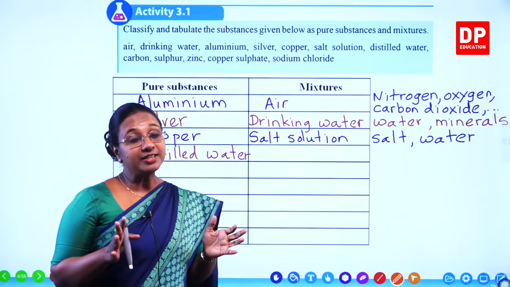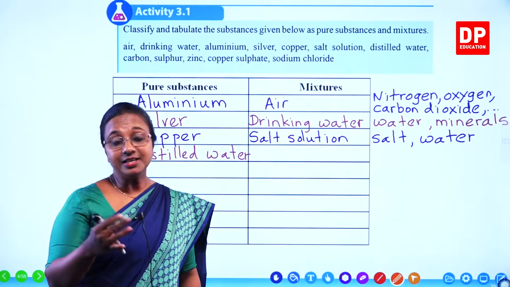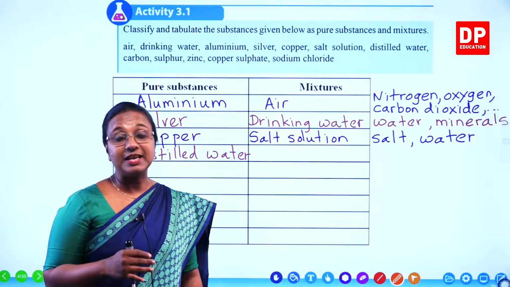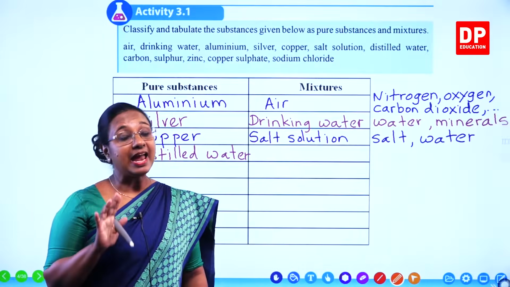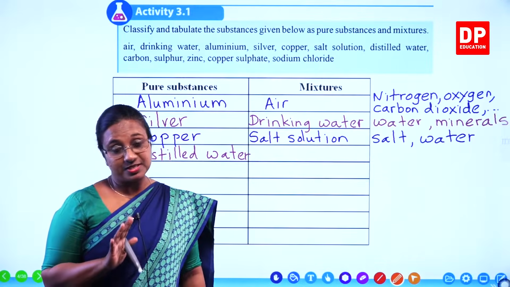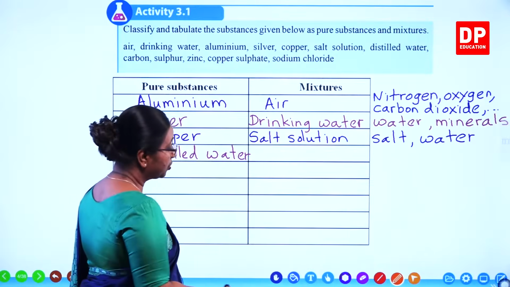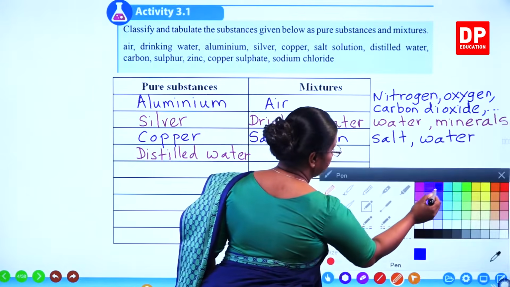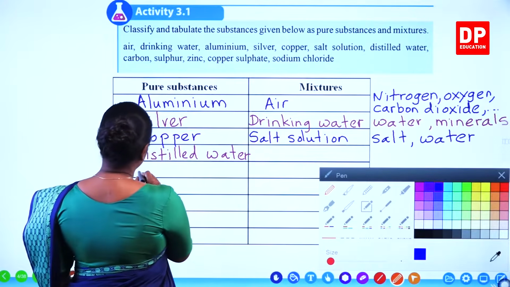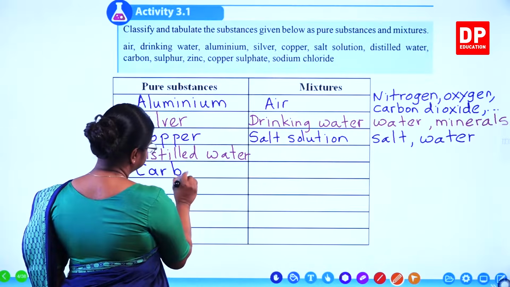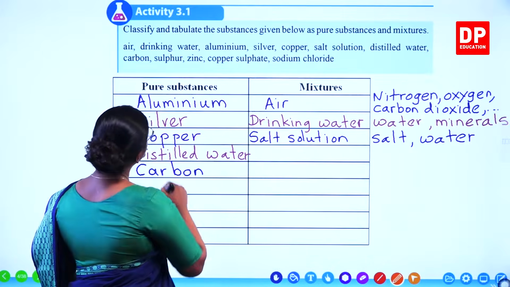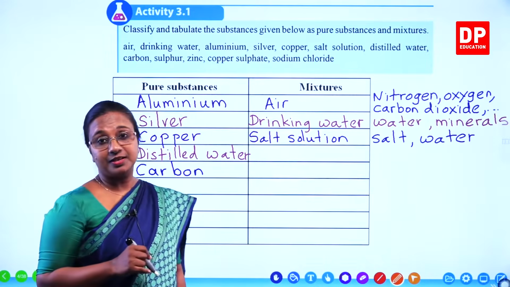So, you all know what carbon is, students? It is the carbon lead of the pencil. So you all know it is a blackish color substance and that is a pure substance. You all have to know that. So carbon is a pure substance. Then we have the next one, sulfur.